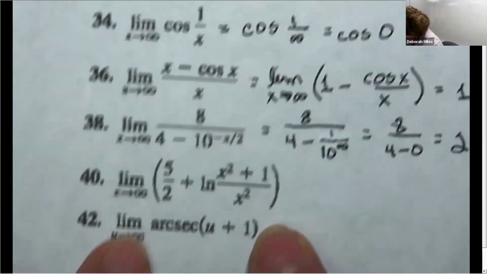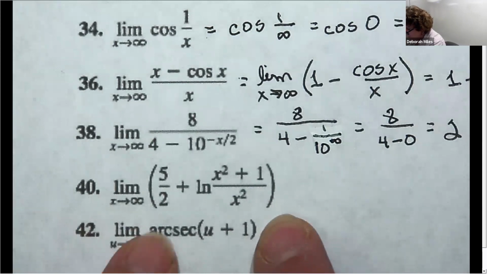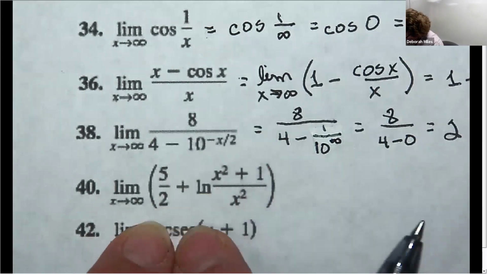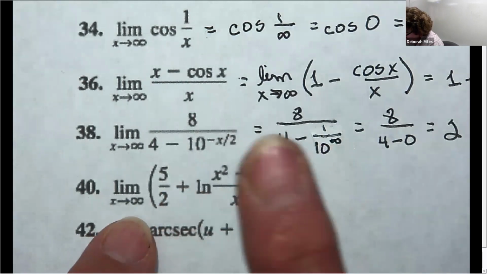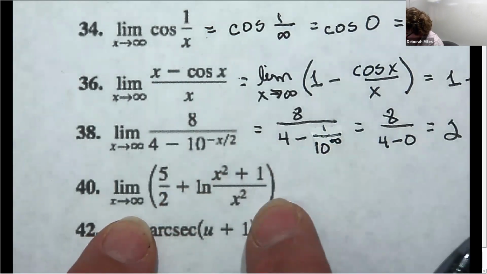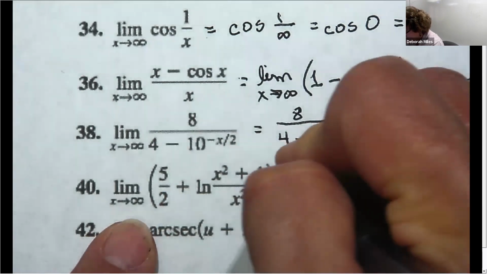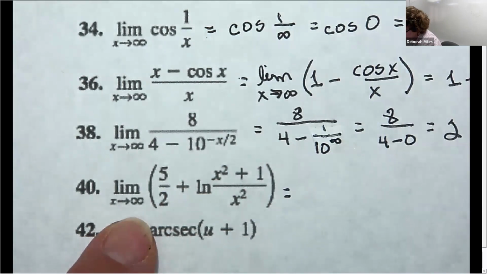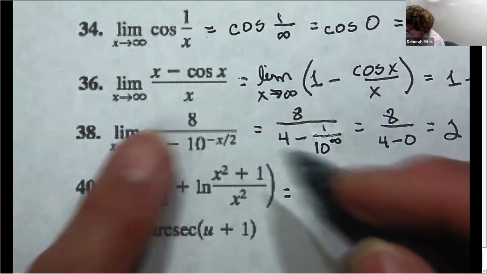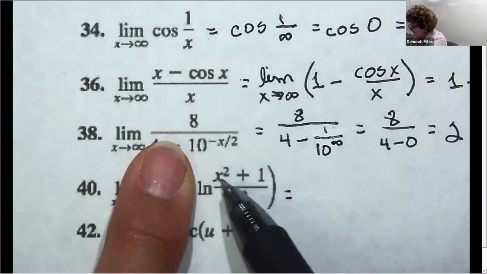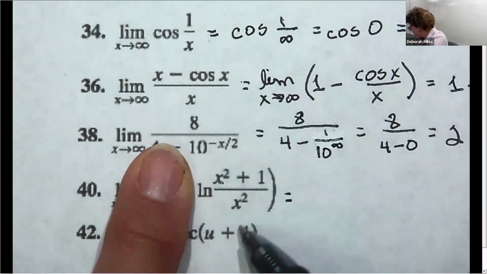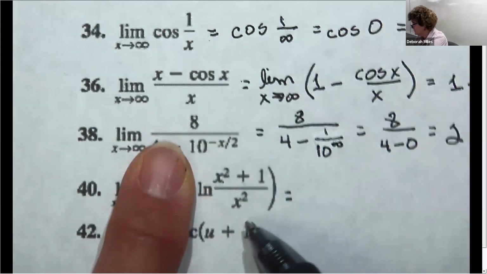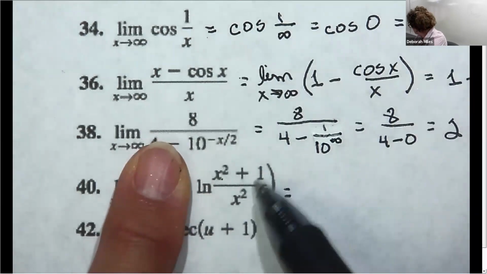All right, number 4. Limit as x goes to infinity of 5/2 plus natural log of (x squared plus 1) over x squared. Tell me what you think. Yeah, because infinity squared, a bazillion plus 1 divided by a bazillion is pretty much 1. Adding 1 doesn't make much difference.